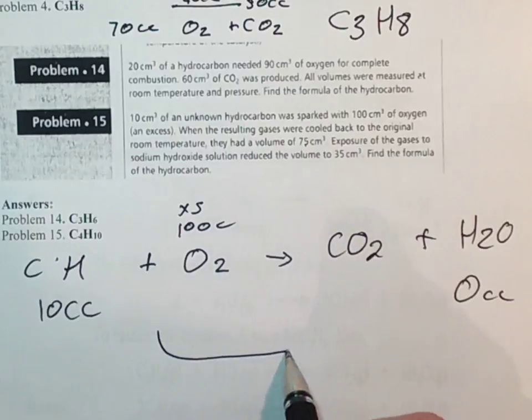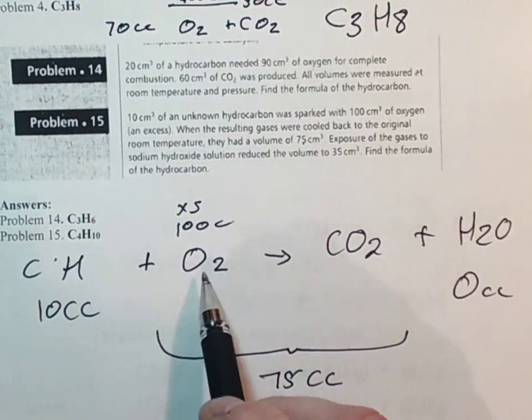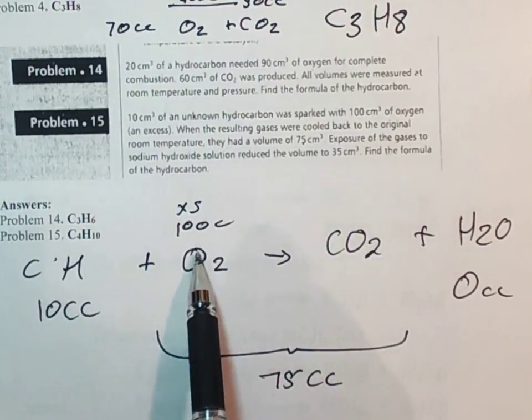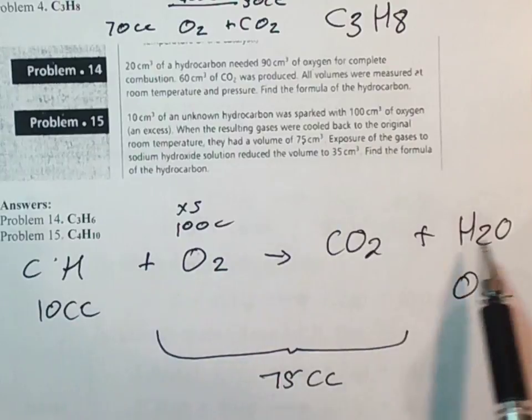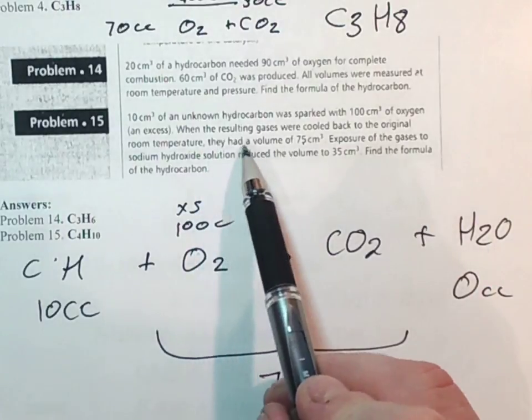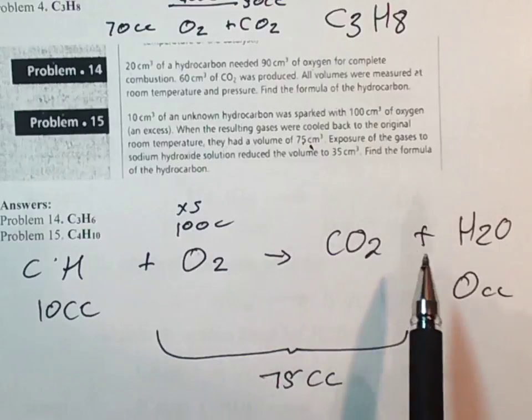So that 75 can only be oxygen and carbon dioxide. Okay, the oxygen is in excess, so there can be none of the hydrocarbon left over. Volumes are measured at room temperature, so there can be none of that. They had a volume of 75 cc's when they were cooled back, so that is both of those.